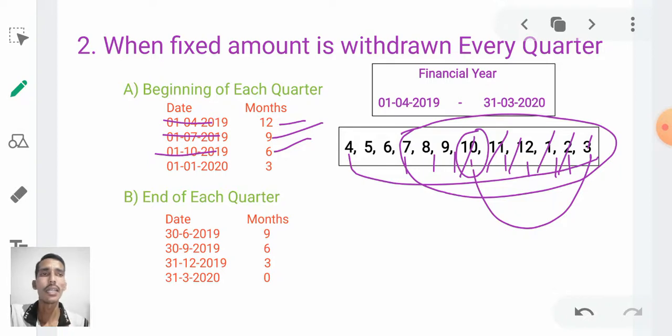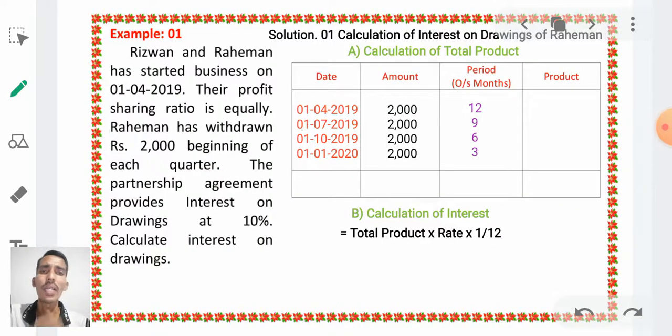Is it clear? Otherwise you can learn these formats by heart. If it is given beginning of month, you have to take these dates and these months.